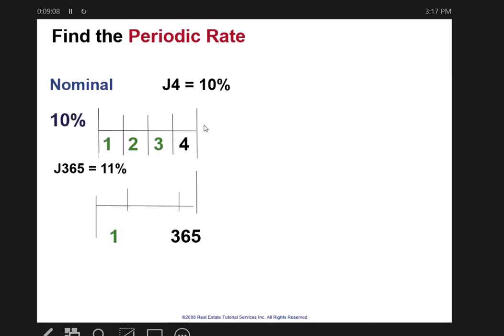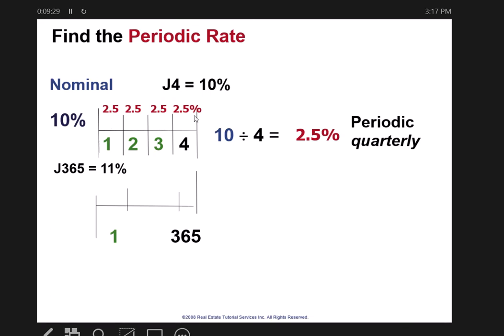So for example, if we had J4 equals 10% and we wanted to find that little periodic rate they're charging you every compounding period, we'd take 10 divided by 4. And so you're getting charged 2.5% interest every quarter.